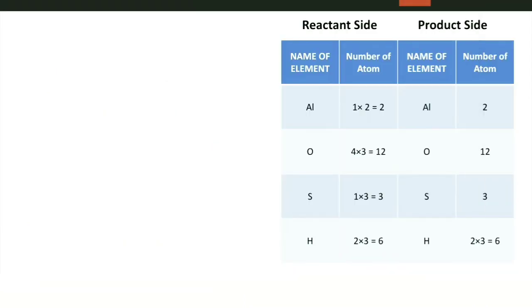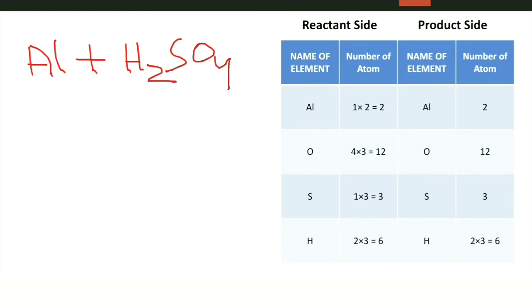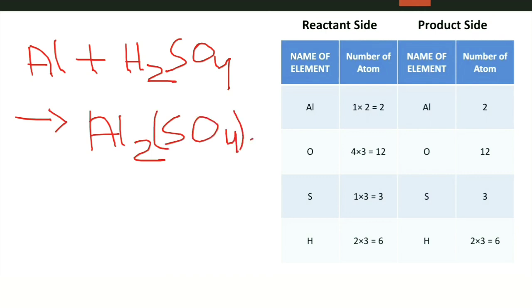Now consider an example. Aluminium plus H2SO4. The product is Al2(SO4)3 plus H2.